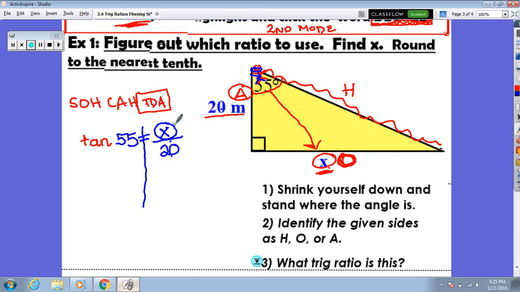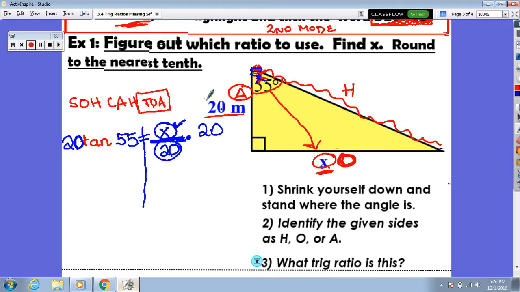That means x gets to stay where he is, but this term has to go. So what are we doing with the 20 right now? What does this line mean? Correct, we're dividing. So the opposite would be to multiply. So we have to multiply this side by 20, then that means we have to multiply this side by 20 also, okay?